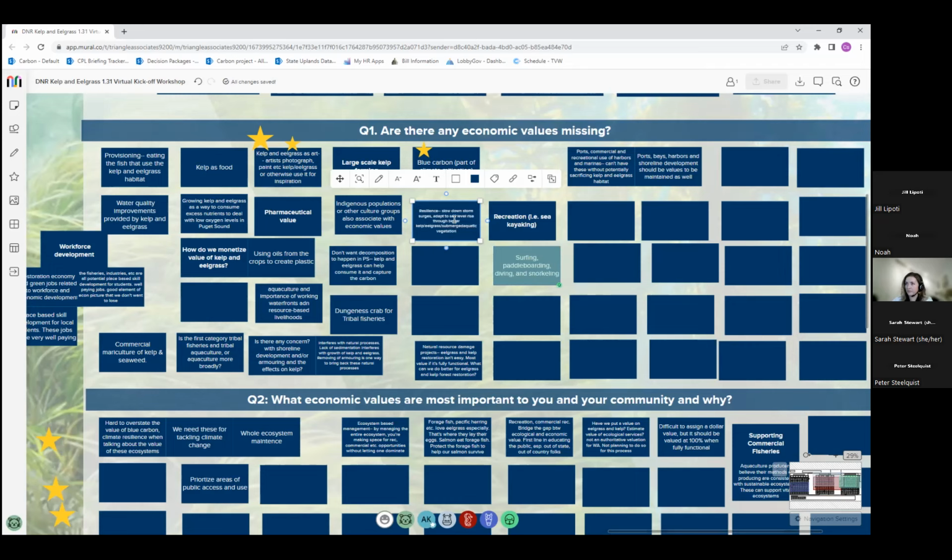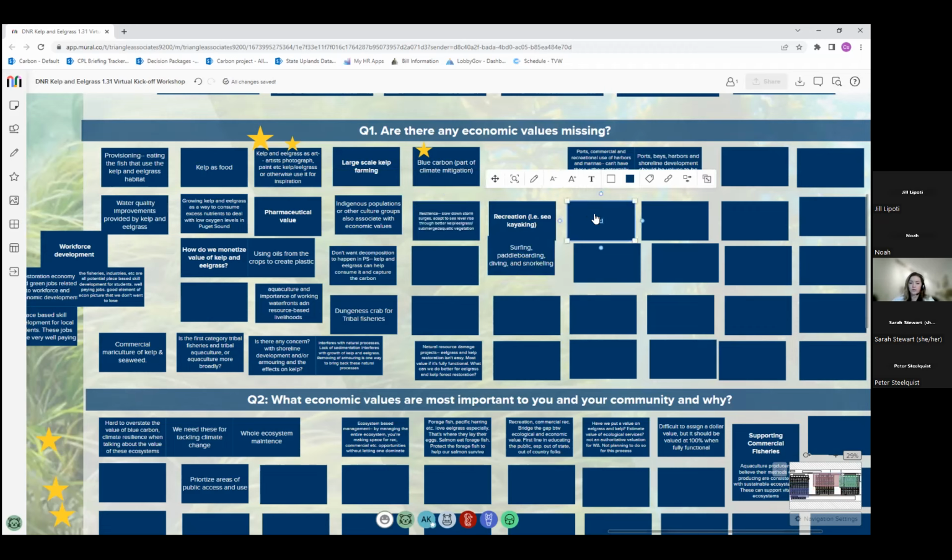Right, the resilience issue is one which we should highlight. I'm going to give resilience its own sticky and put it above this one. Great. Thank you.